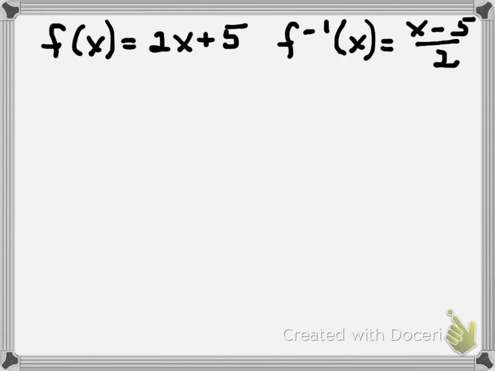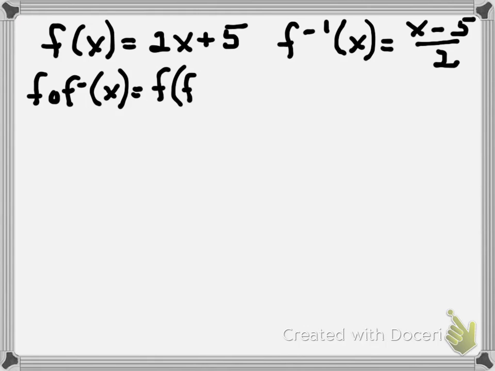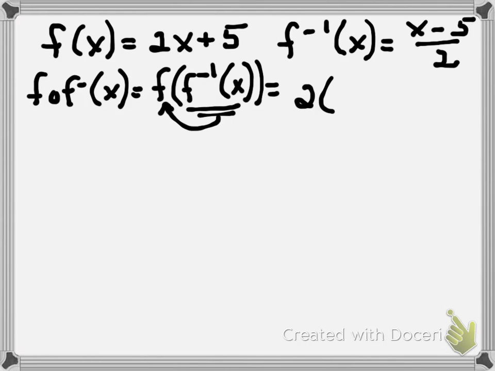So now what I want to do is the composition. I want to do f of the inverse of f of x, which is the same as f, and then in parentheses, the inverse of f of x. Now, we just talked about composition, and the inverse goes into the function. So the function had 2 and then an x plus 5.